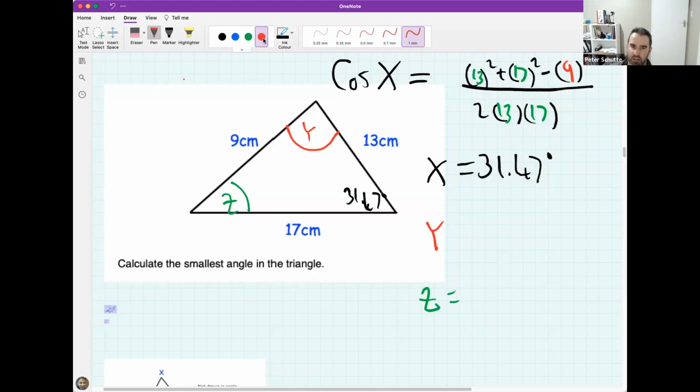So what do you get for these 2 angles? Yes, Beverly, well done. So for Z, you'll use angles in a triangle, but first you have to find what Y is.